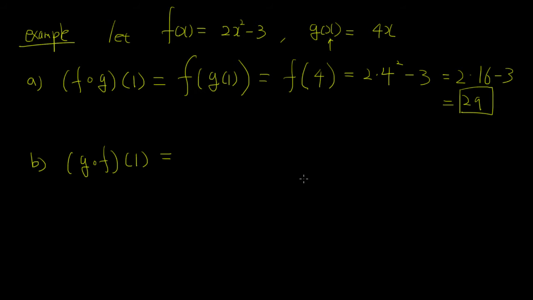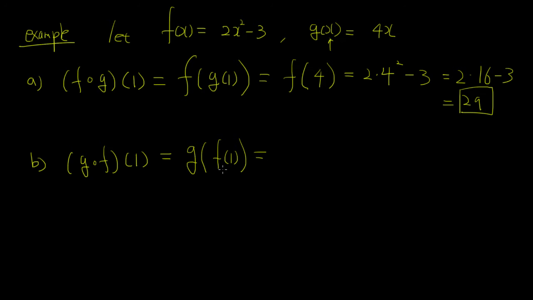See if you can do this. Right? So pause it now, or try it, and let's check the answer together. Alright, welcome back. So this, according to the definition, is the outer function, inner function of 1.